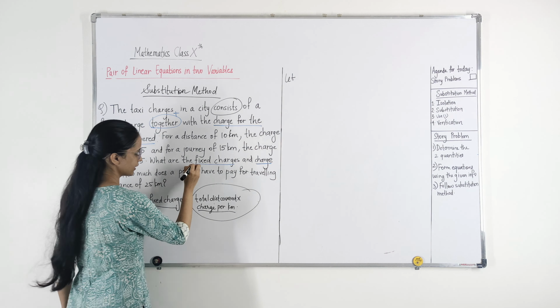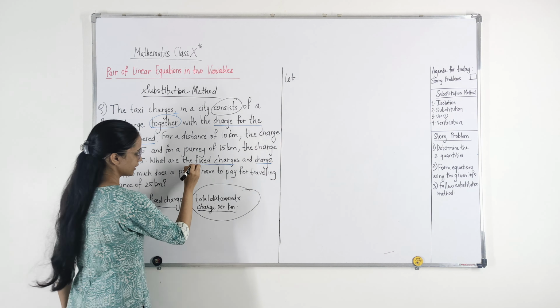Step number 2 is form equations using the given information. Now we are going to use these two lines in order to form two equations. So here they say that for a distance of 10 kilometers, the charge paid is rupees 105. So when the total distance is 10 kilometers, the taxi charge that is paid is 105. We have taken our fixed charge to be x and our charge per kilometer to be y.